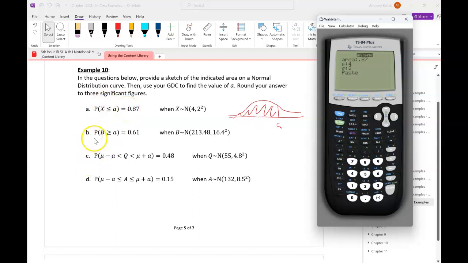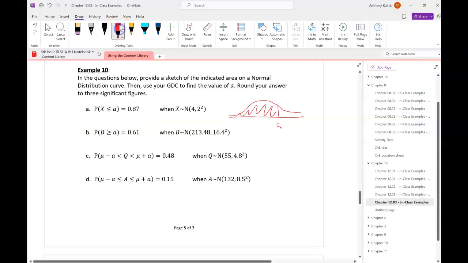So Gavin, for part B, what are we going to have to do first before we can get into our calculator since it's written as a greater than? Yup. How do I do that? This is even a chapter 8 question even. That's right, yeah, 1 minus 0.61.